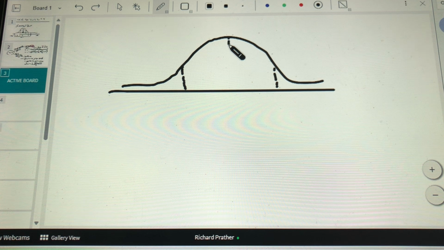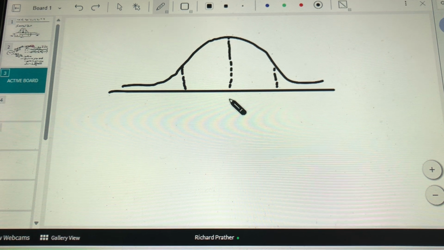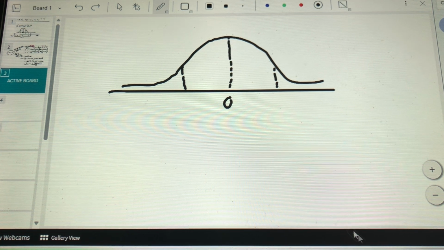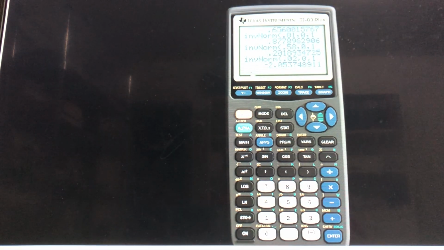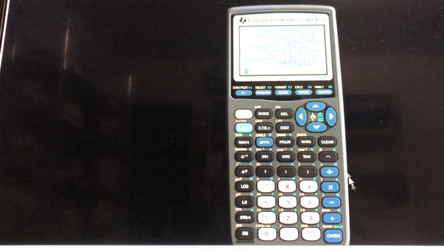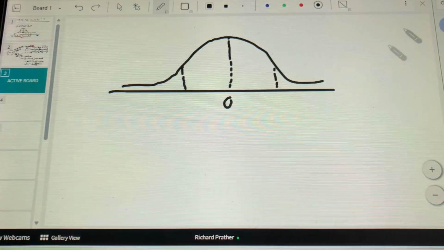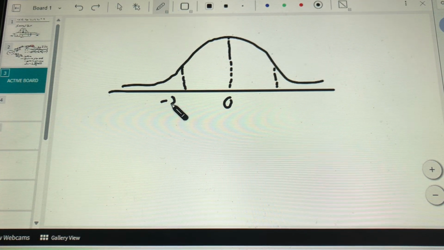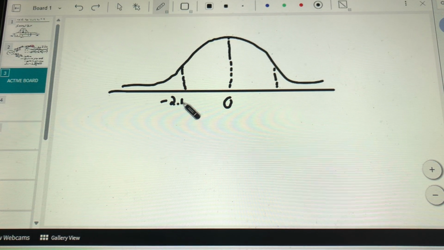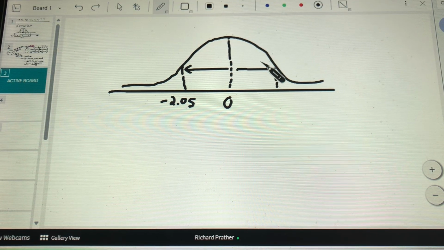And because these are standard normals that are centered at 0, the calculator spit out the left one for me, which was negative 2.05. Negative 2.05 is right here. Well, the graph is symmetrical, so if this is negative 2.05, this must be positive 2.05.